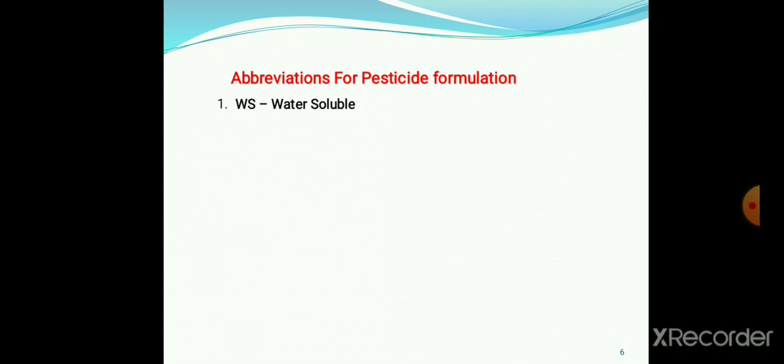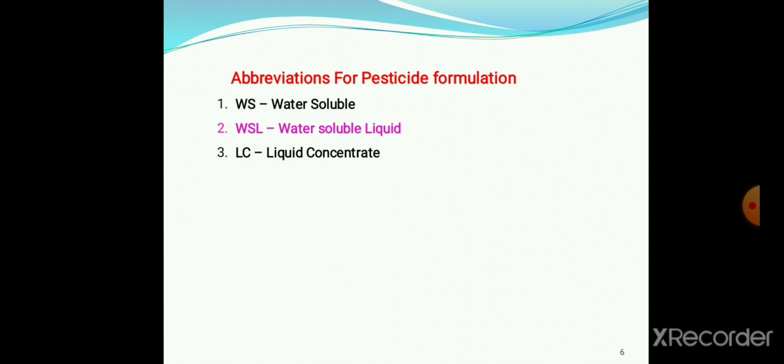The first abbreviation is WS. W indicates water, S soluble. It means that particular pesticide is soluble in water, and hence it has the abbreviation WS. Next is WSL, that is water soluble liquid. It means that the component is soluble in water and the pesticide is in liquid form, and hence its name is water soluble liquid.